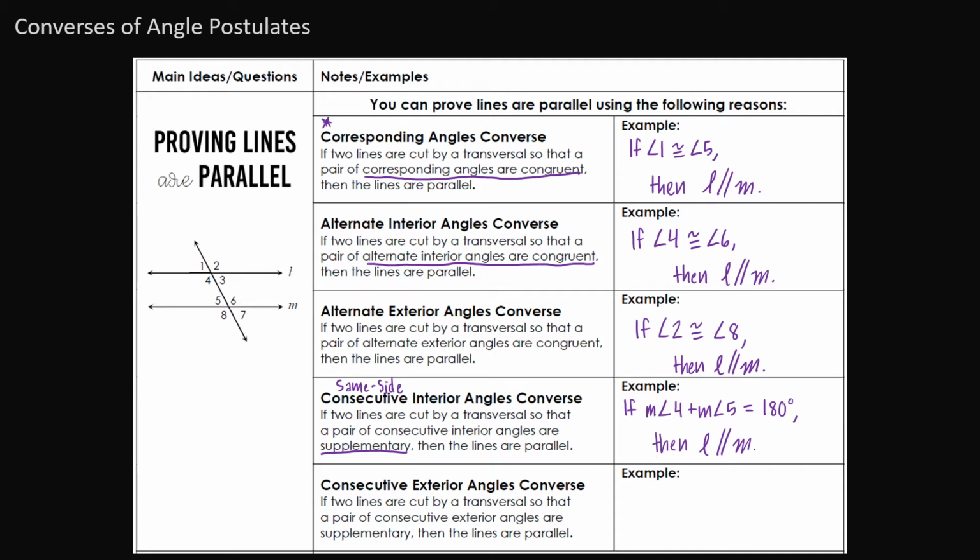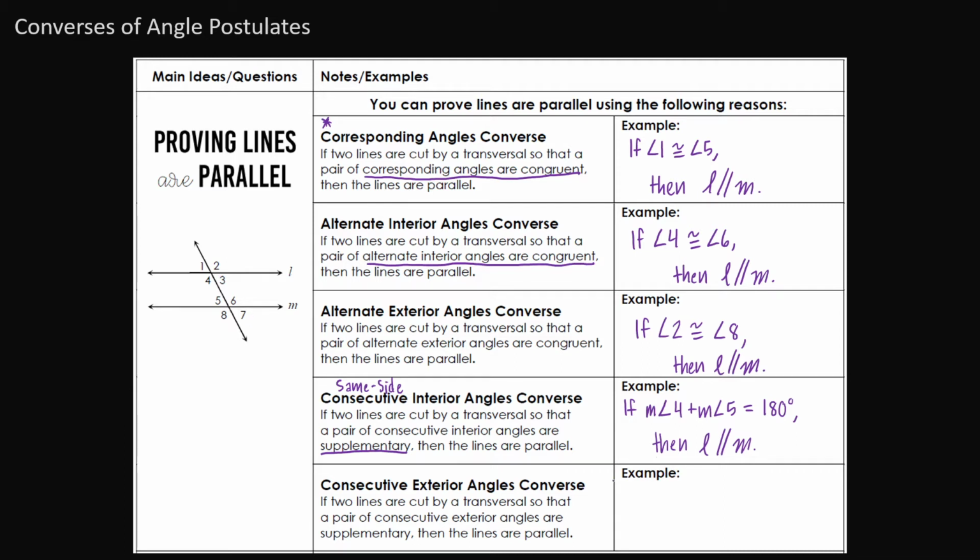And lastly, the consecutive exterior angles converse. That states if a pair of consecutive exterior angles are supplementary, then the lines are parallel. So if we think about consecutive exterior angles, they are on the same side of this transversal line and on opposite sides of lines L and M. So that's either angles 1 and 8 or 2 and 7.